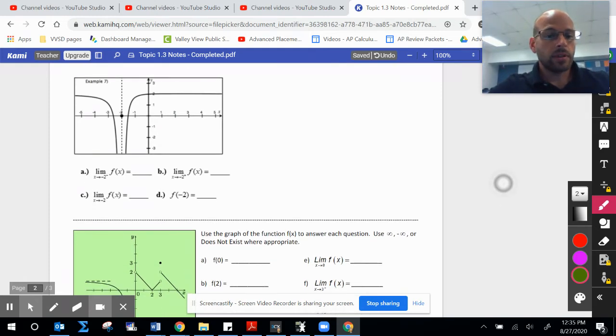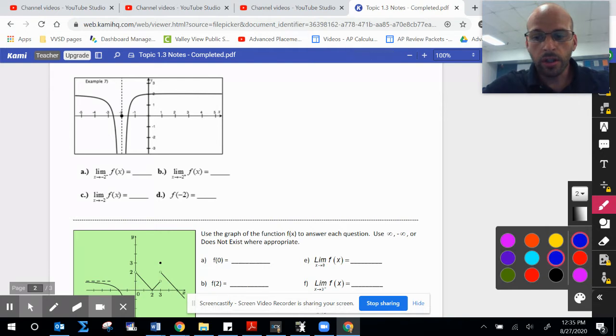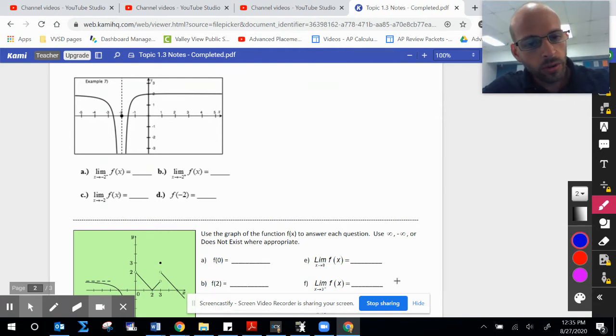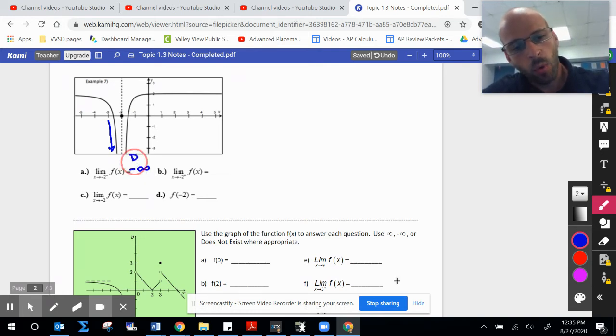Example 7. So at -2, as I go closer and closer to -2 from the left, this is going to go to negative infinity. Or again, like I said before, does not exist. I'll take either one of those.